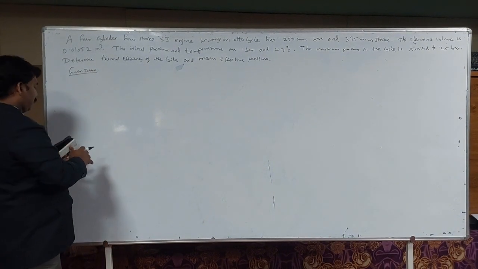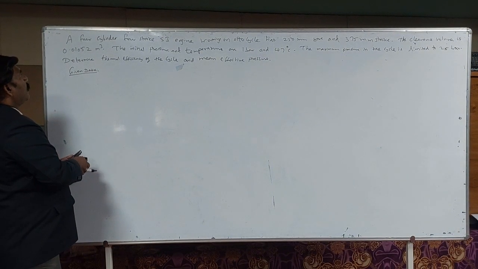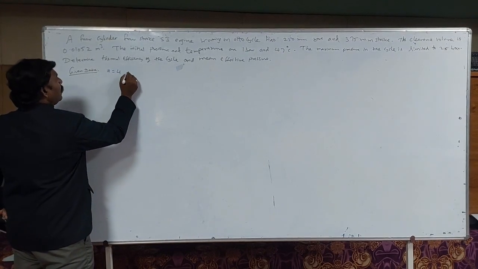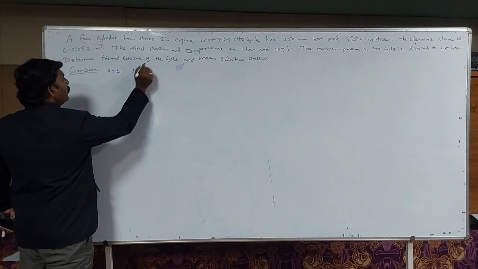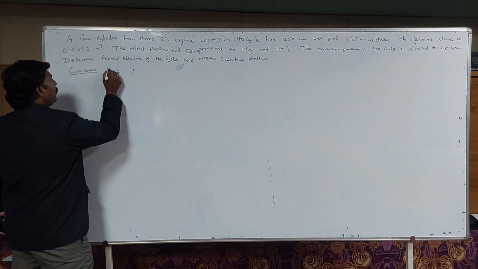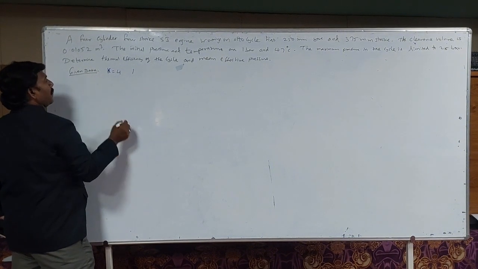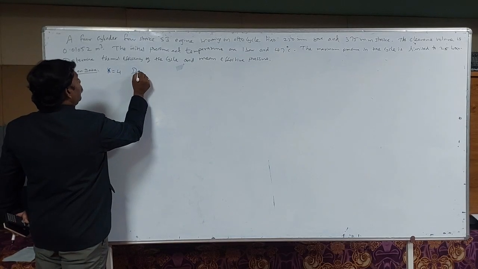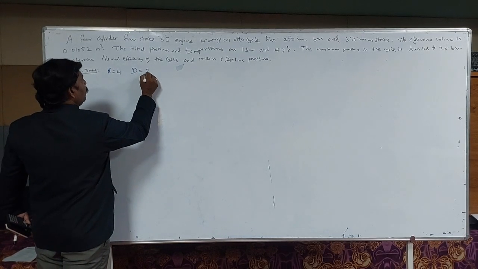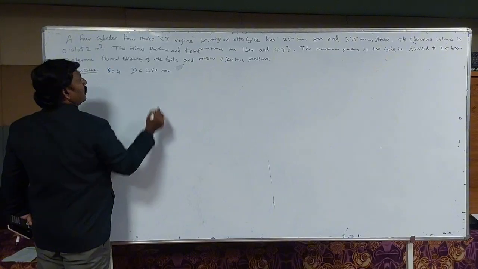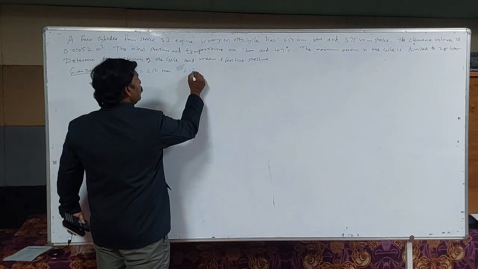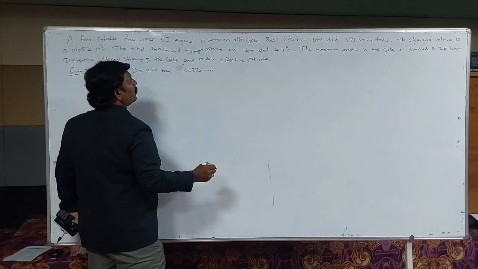Given data: the number of cylinders is 4, and the diameter of the cylinder, that is bore, is 250 mm, and stroke is 375 mm.